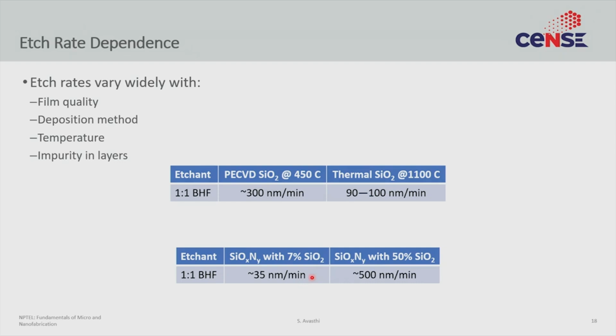But if you do the same etching with 50% silicon dioxide, which is a much higher concentration, so 50% silicon dioxide, 50% silicon nitride, you will get an etching rate that is 500 nanometers per minute. Now the trend is obvious, the trend is increasing because of more silicon dioxide, and HF etches silicon dioxide faster. So the trend is understandable, but you see the change is humongous. For just a 7 to 50% change in composition, you are changing more than an order of magnitude in etching rate.